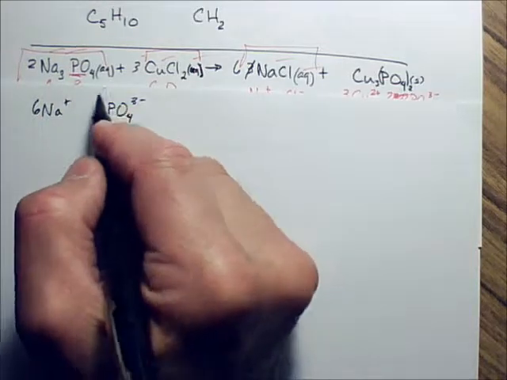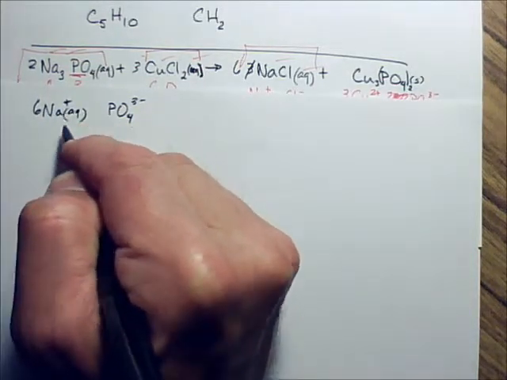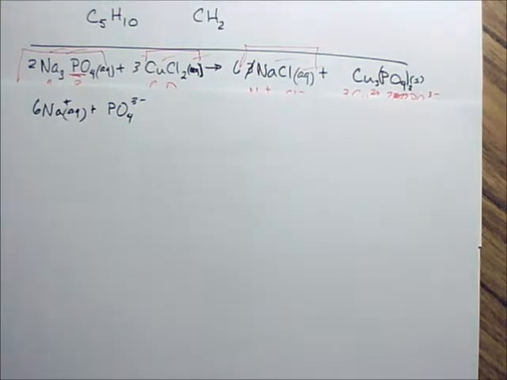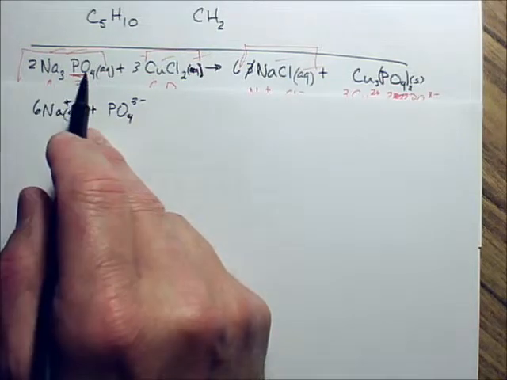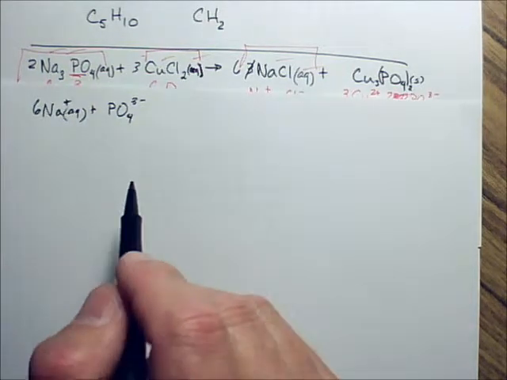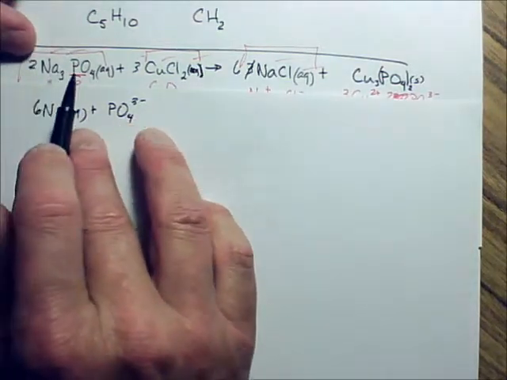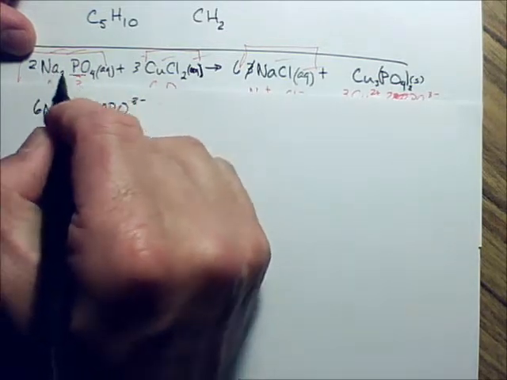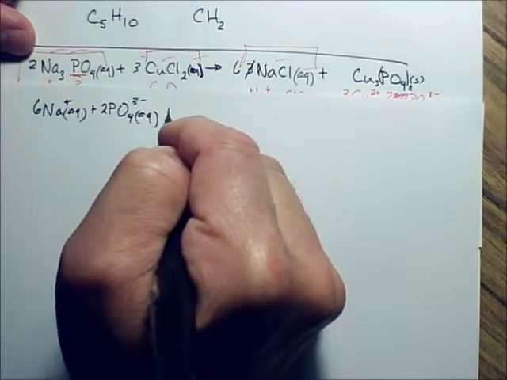If the whole thing is aqueous, then this ion is aqueous. How many total phosphates do I have? No, I have 8 oxygens, but I have 2 phosphates. Since the whole compound is aqueous, this ion is aqueous.